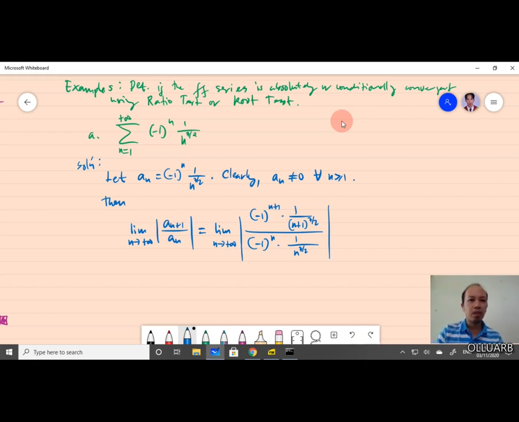Okay, so simplify. Notice that we can cancel out negative 1 to the n.